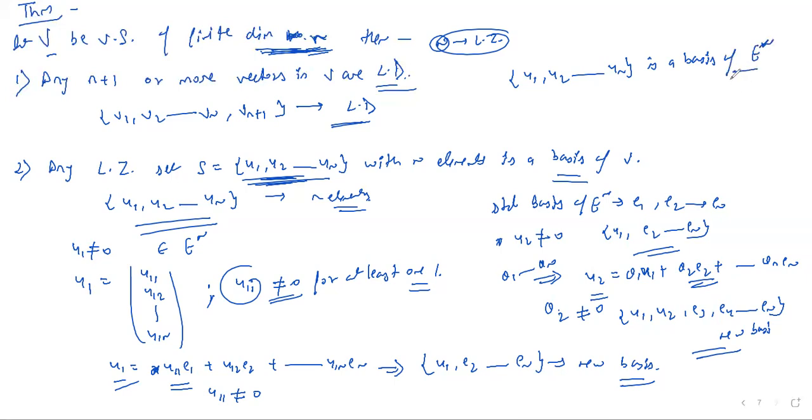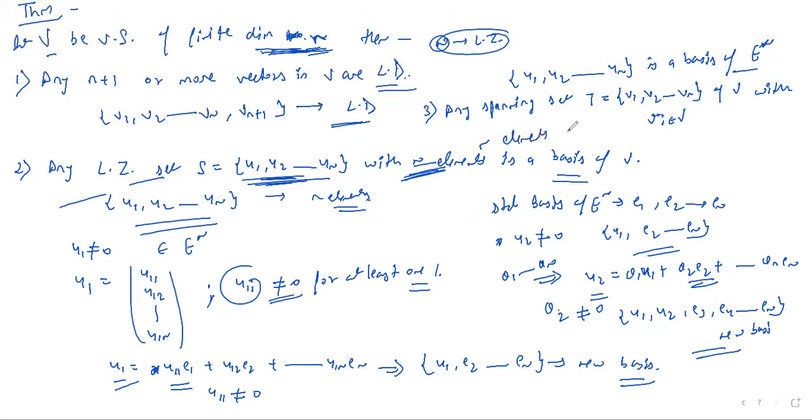So any linearly independent set S equal to u1, u2 to un with n elements is a basis of V. Now the third statement here is that any spanning set T equal to v1, v2 to vn, where all these vectors belong to the vector space V, so any spanning set T of V with n elements is a basis of V.